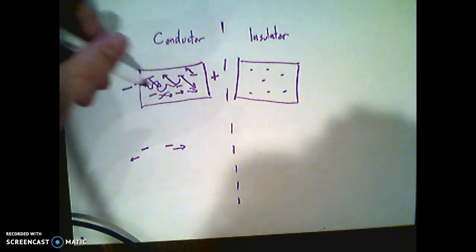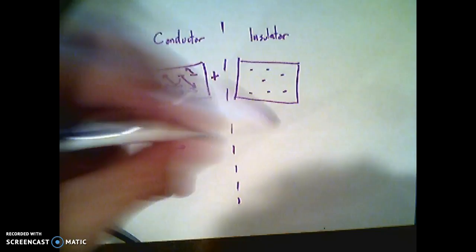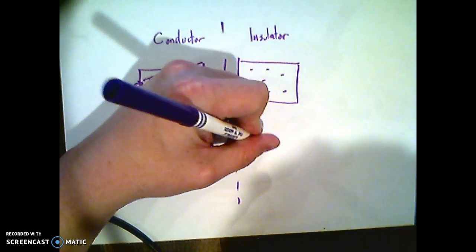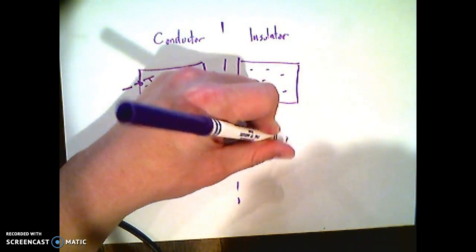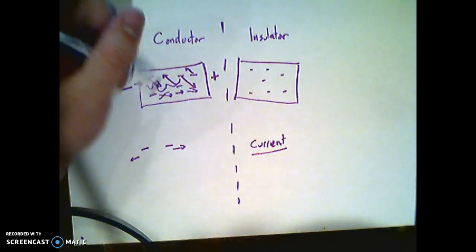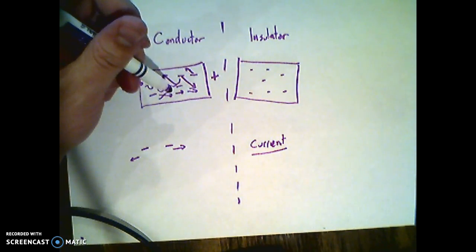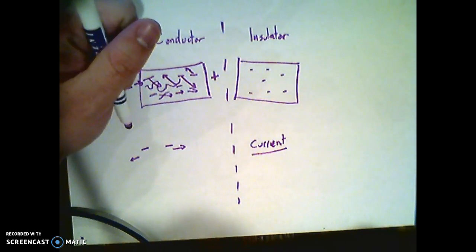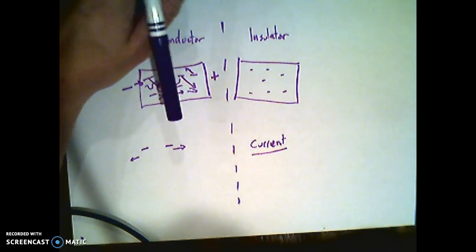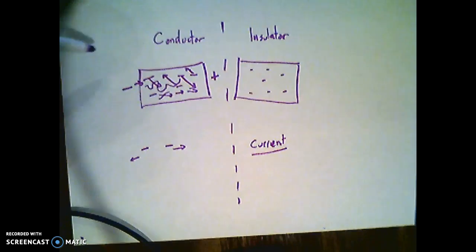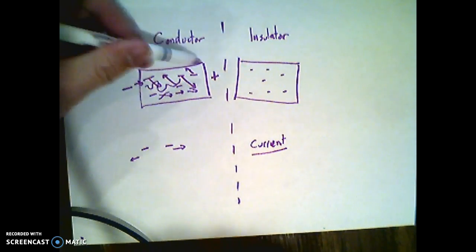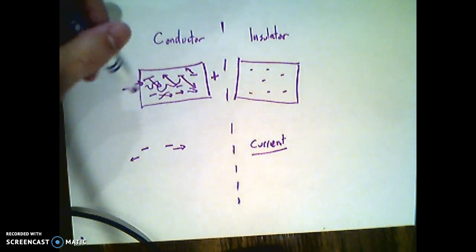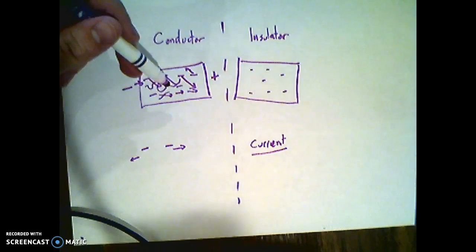So we're going to learn a couple of terms here. The first one is current, and current is the flow of electrons, and when there's current, then things happen. In addition to current, we can talk about this push that we're giving it, and how strong that push is.